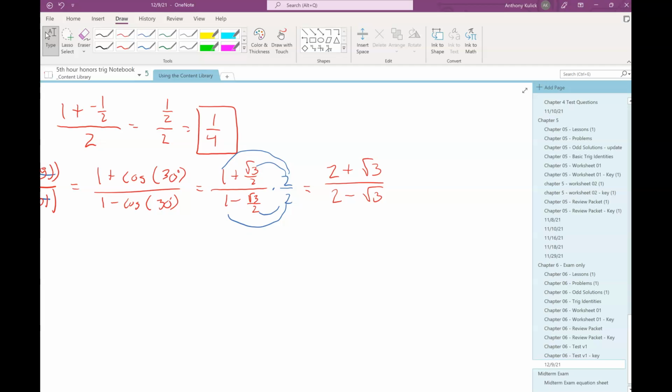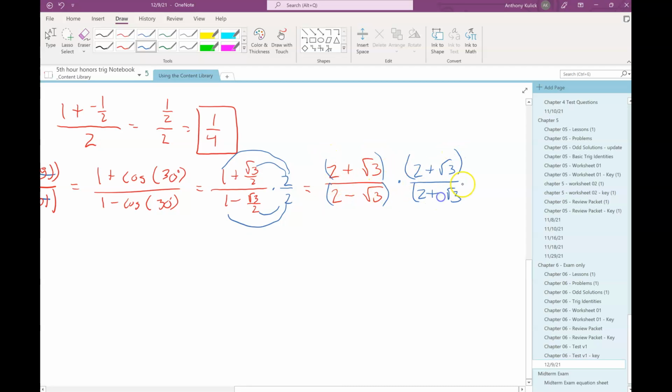Think back to your Algebra 2 class last year. When we have addition and subtraction of a radical in the denominator, the trick is to multiply by the conjugate. The conjugate is the same thing as the denominator with the opposite sign in the middle. So we're going to multiply the top and bottom by 2 plus root 3.